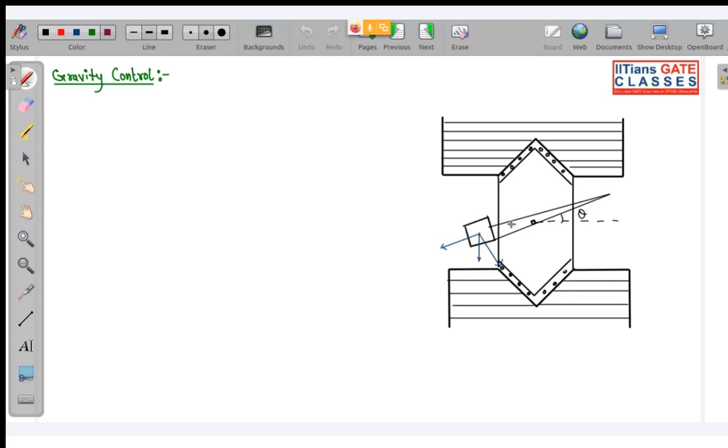Let me assume at this point this is your initial value, and this is your final value. When this is your final value, this mass will move over here, and this will be your needle. So this will be your mg.